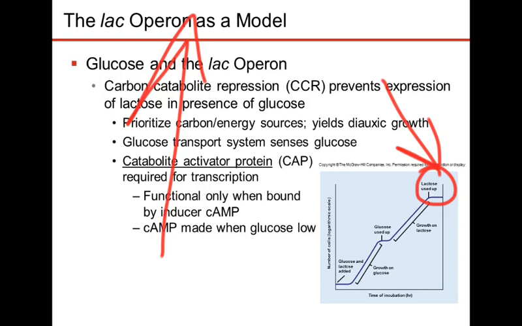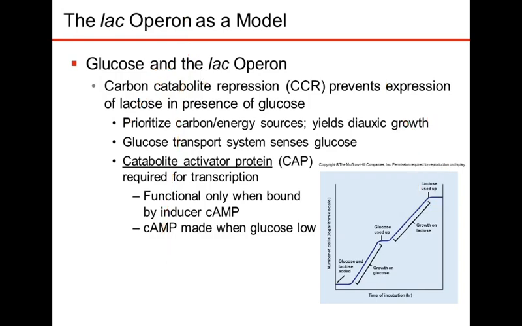So let's think about this. You're a nice student. You hate to see bacteria suffer, and you see them suffering right up here at the top. There's no carbohydrate, and you decide to throw some lactose into their environment, and so you give them a nice dose of lactose so that they can start to grow again. What would happen as soon as you put the lactose in, based on what you just told me about that lac operon promoter right now?